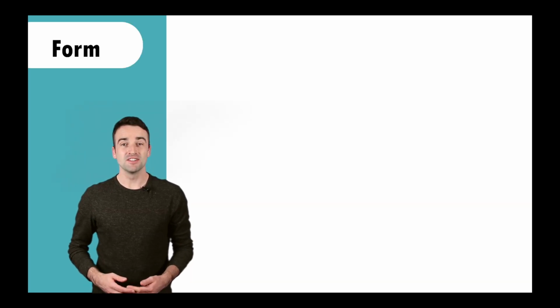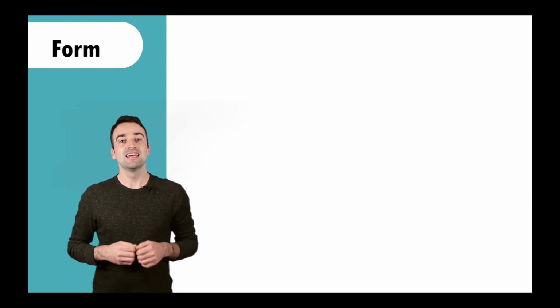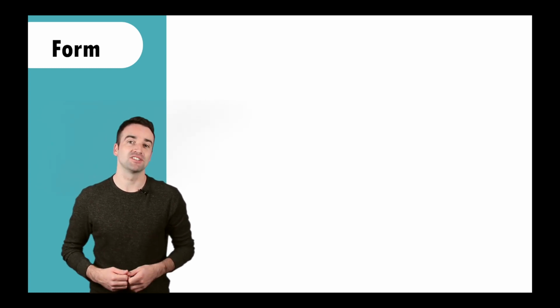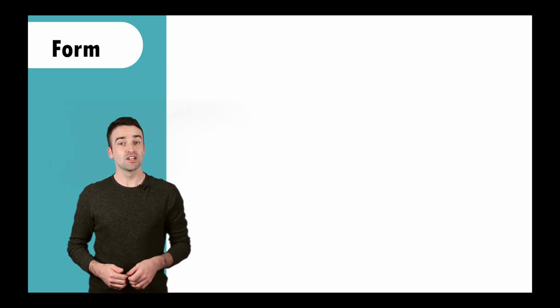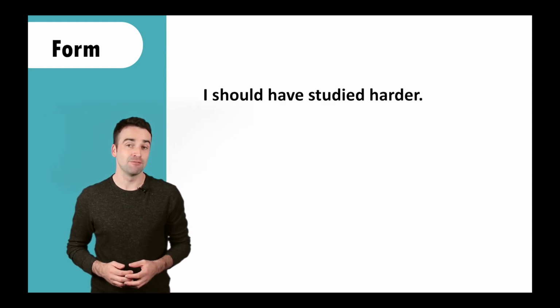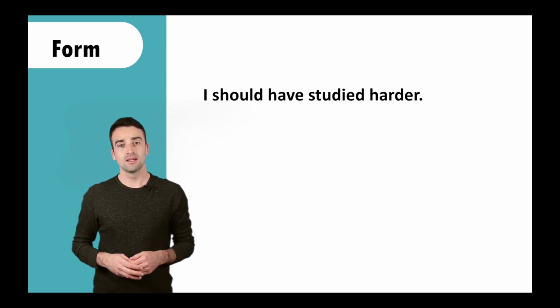So now that you have understood the meaning of should have and should not have, let's study the form, that is the grammar and how to make the sentence. So let's look at this sentence here. I should have played every evening. So what is the form here?